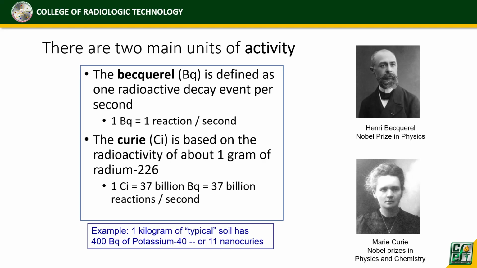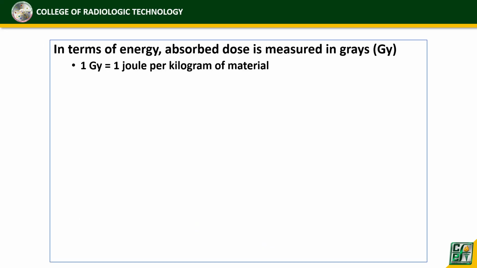Kaya siya ay 1 Curie equals 37 billion reactions per second, or 37 billion becquerel. Okay?